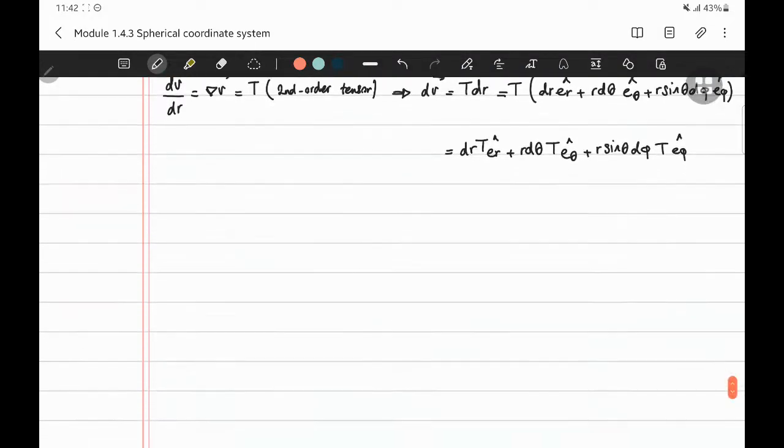So here you have T e r, and if you remember, we had T e i, so we had T j i e j. It was just transforming this e j unit vector under this transformation to another coordinate system.